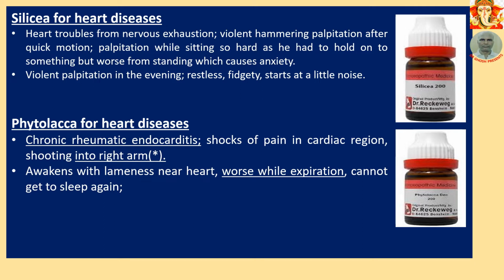Mind it, when there is some symptom which is uncommon, peculiar, you can select a medicine depending on a particular symptom. If somebody reports to you that his pain is in the right arm, you can at once give Phytolacca, because this single symptom will individualize the case, because this is an uncommon, strange and peculiar symptom.